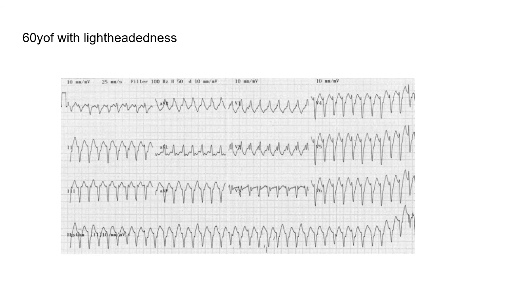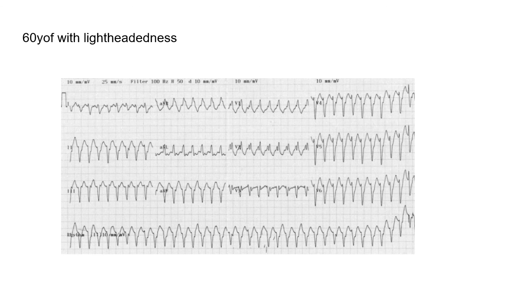Sometimes if we don't know whether it's SVT with a conduction abnormality or a ventricular tachycardia, we try to see if there's maybe AV dissociation, right? If there's AV dissociation, then it's ventricular tachycardia. If you look at V1, you can see superimposed P waves.